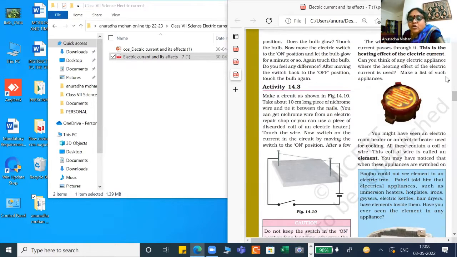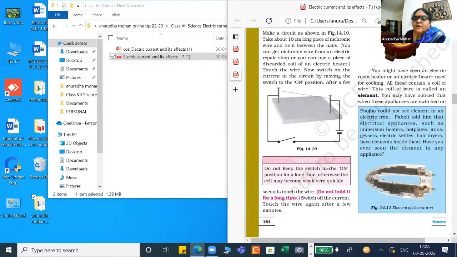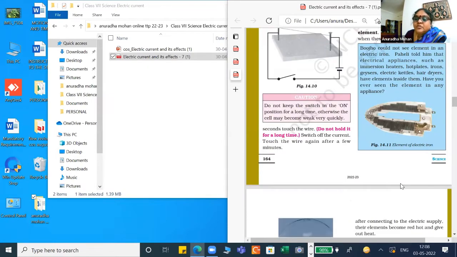If you put the nichrome alloy wire here and bring a thermocol very close to this, the thermocol melts. It's a beautiful experiment, and then you can get a burnt element from the electrical shop and show them that this is the element that is used in the iron box. So that's how it goes.